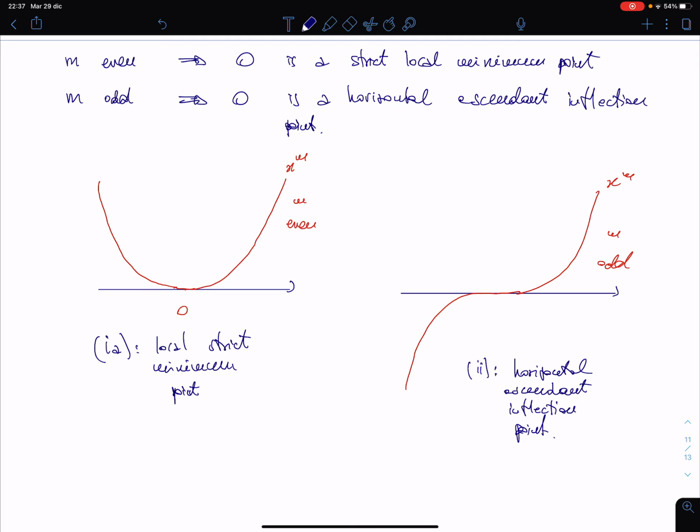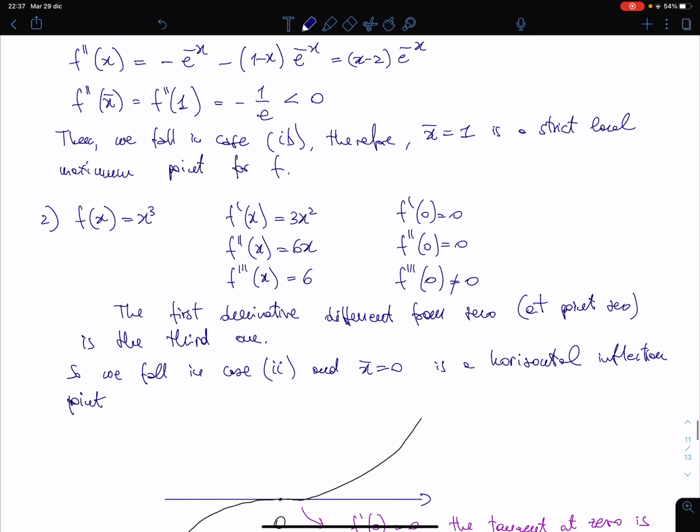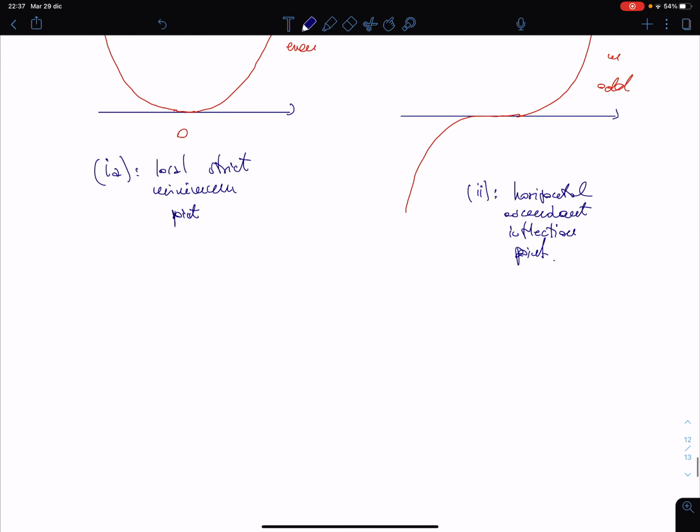Okay, and this is the prototype you must have in mind in order to prove the theorem. And now we go to the proof of the theorem. You will see that with this prototype, it is extremely simple.